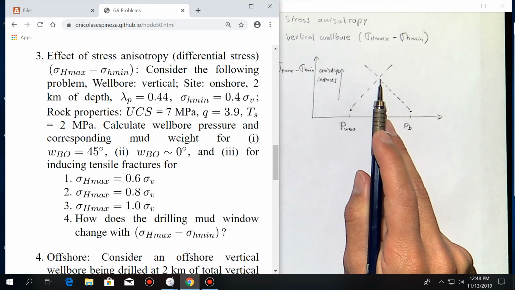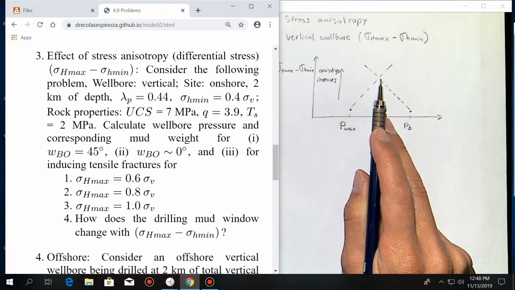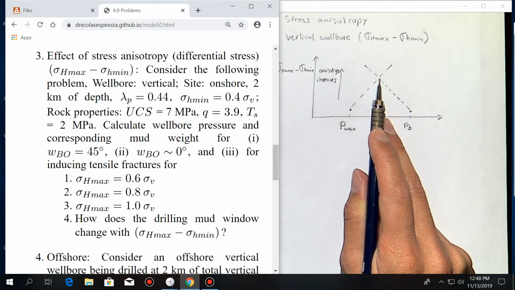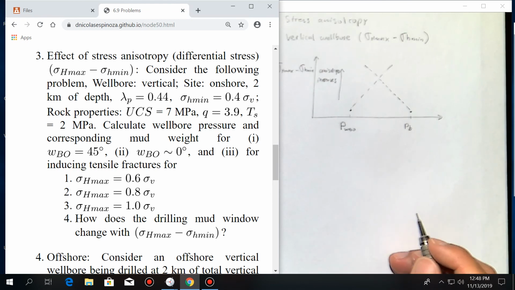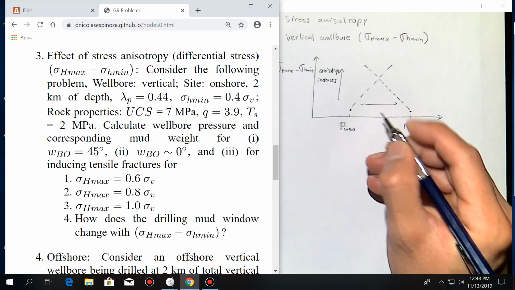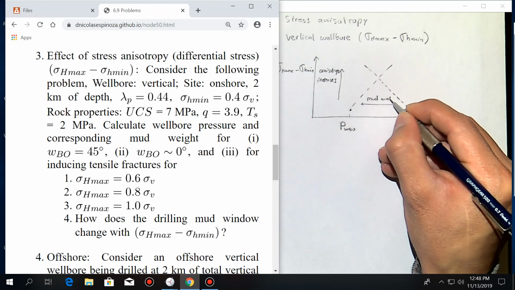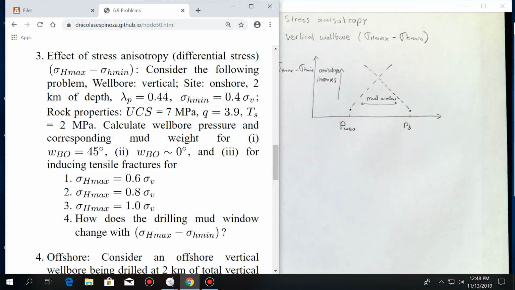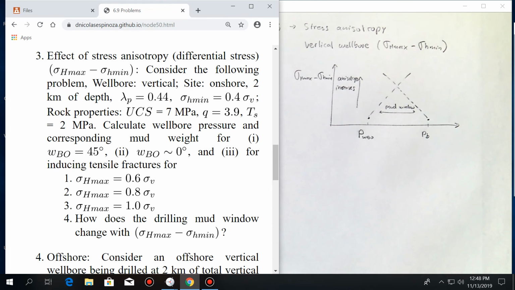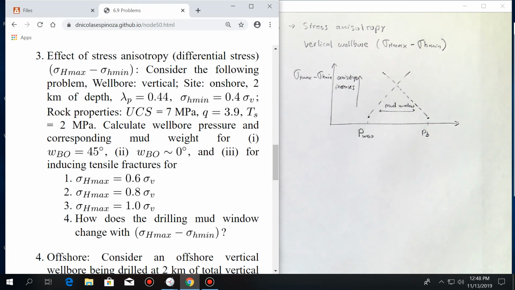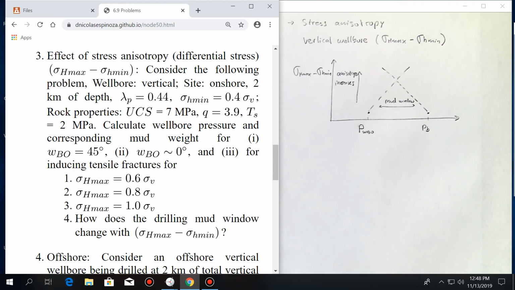At that point, you might not have a stable condition to drill a wellbore anymore. So over here, this is going to be your mud window. It's very similar. Again, you can code these equations, but just check them at least once manually.